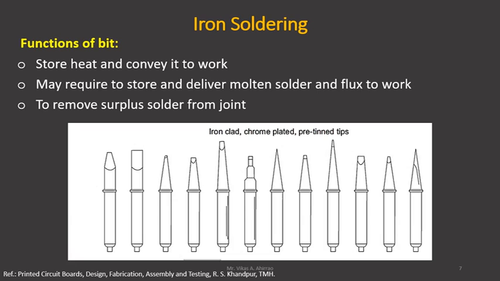The figure shows some of the different bit shapes. Actually, the bits are iron cladded, chrome plated, and pre-tinned tips so that the user may select among the different available bits for the particular application.